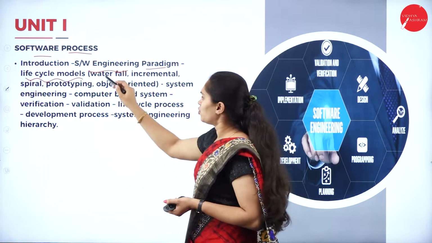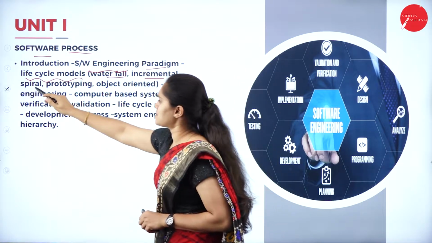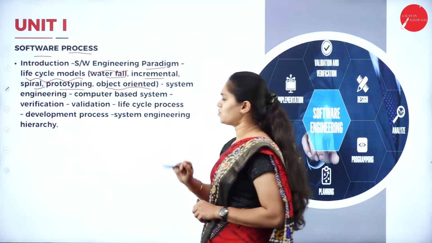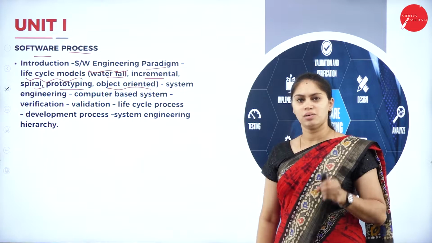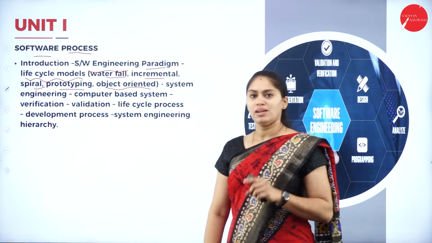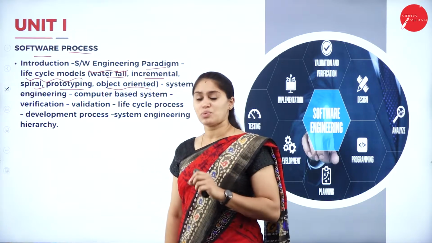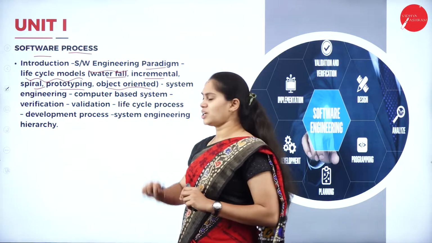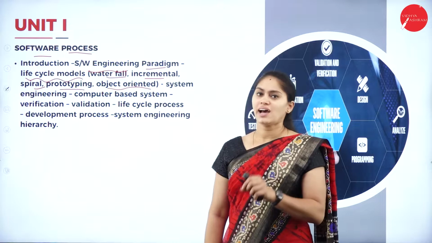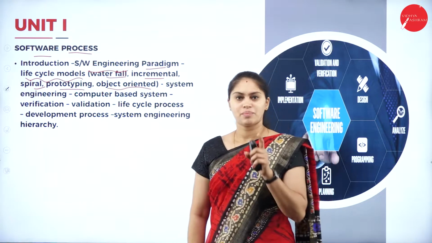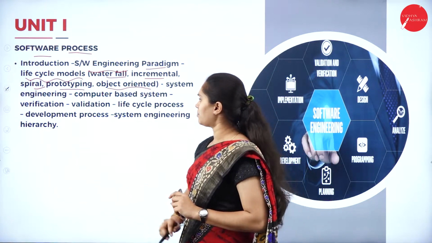That includes the waterfall model, incremental model, spiral model, prototyping as well as the object oriented model. Each model is used in order to develop software, and each model has its own advantages as well as disadvantages. That is what we are going to learn from this topic.